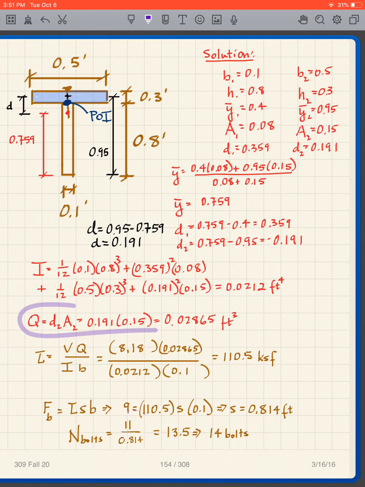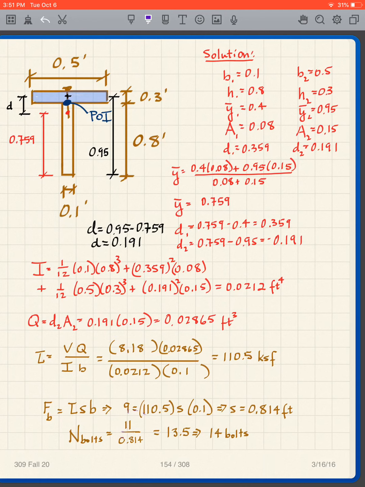Now what I'm interested in is the Q. Well, the Q is pretty easy in this case because that area, we already handled it in terms of area 2. And so that means that my Q is going to be D2A2. Very straightforward. You've already computed D2. It's 0.191. And we know A2 is 0.15, so it's simply D2A2. I've got my Q.